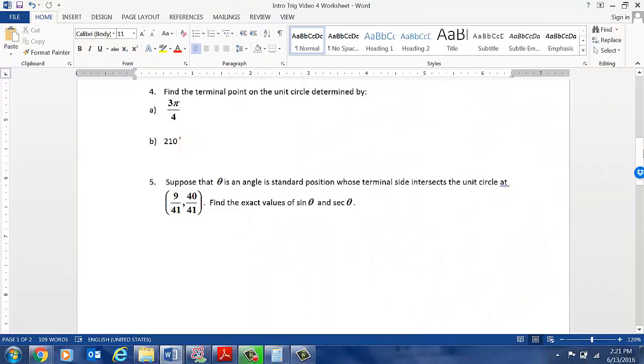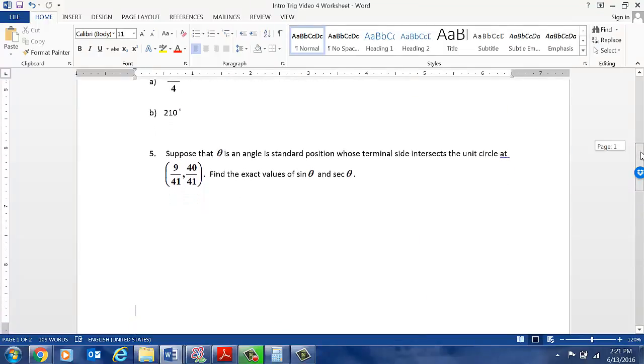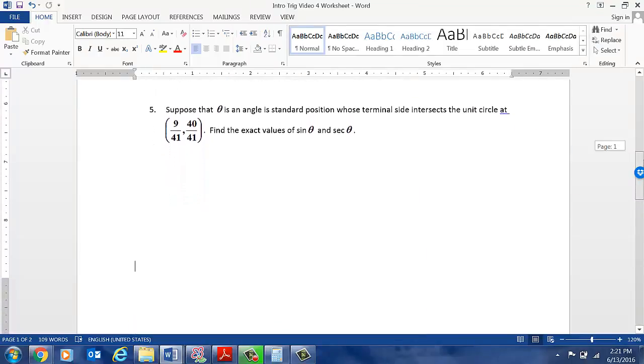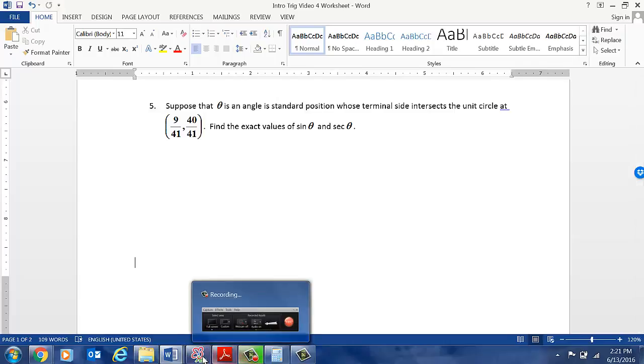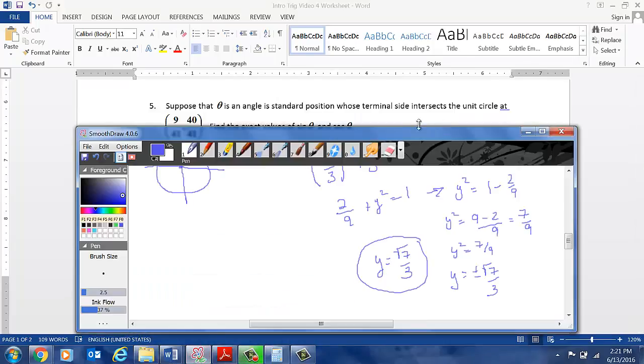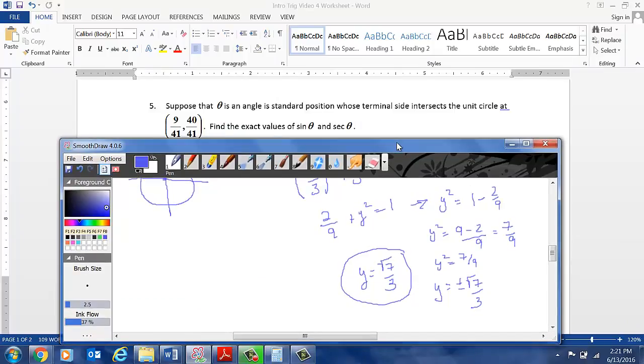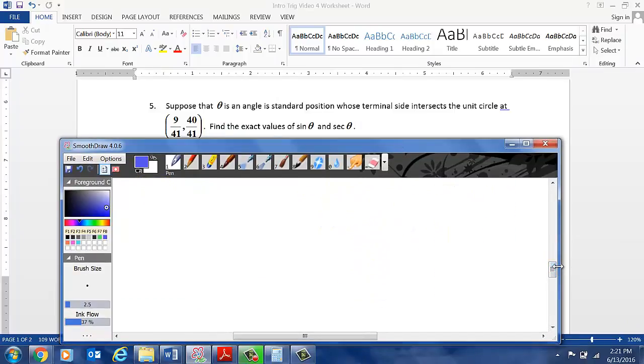All right, in number 5, suppose that theta is an angle in standard position whose terminal side intersects the unit circle at this specific point. So now find the exact values, and you could be asked to find the exact values of any of the 6 trig functions. We're just going to pick out 2 of those right here.